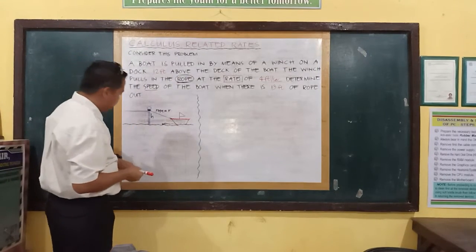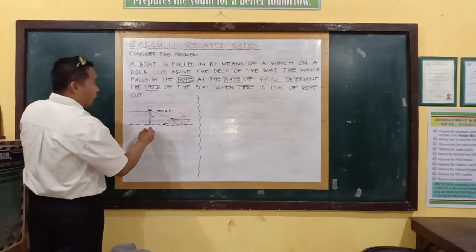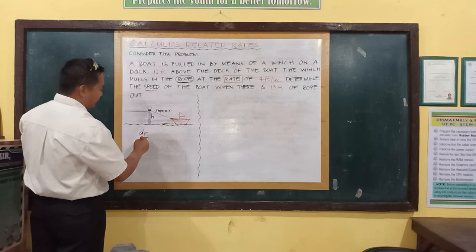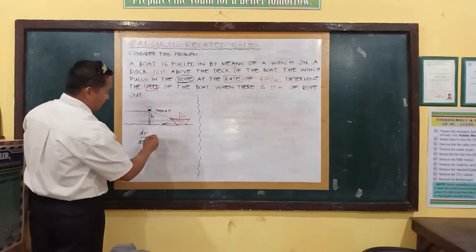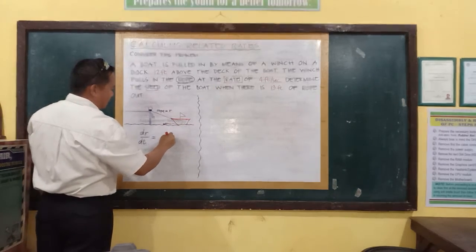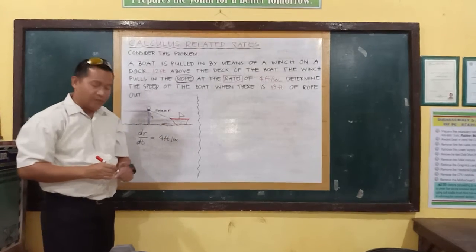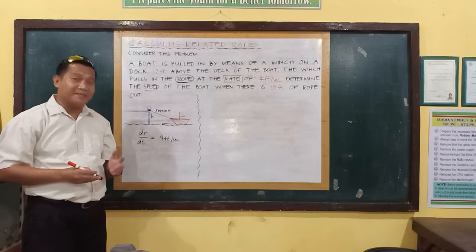So we have here the derivative of the rope with respect to the derivative of the time is 4 feet per second. The question is, would it be positive or negative?